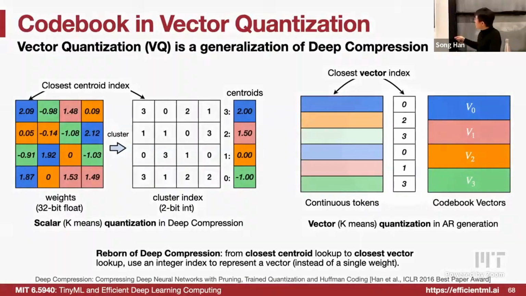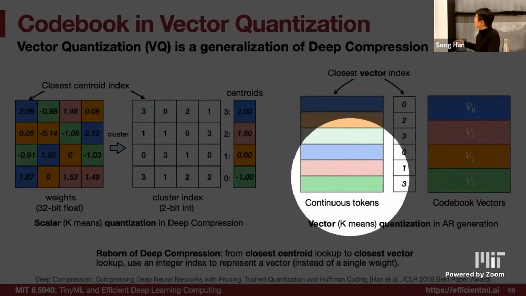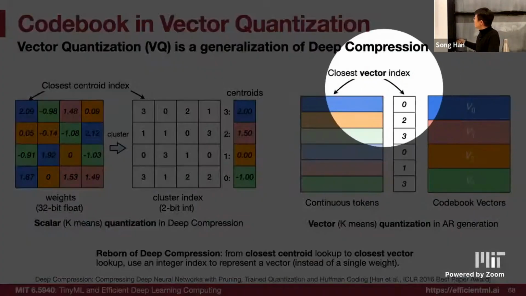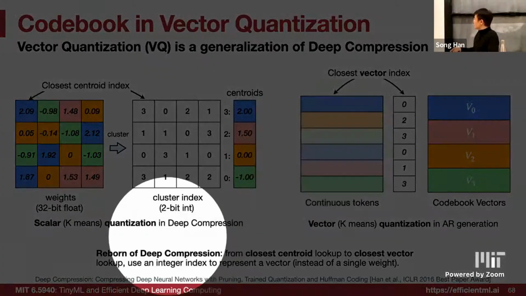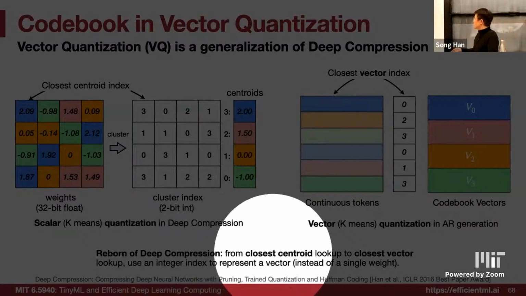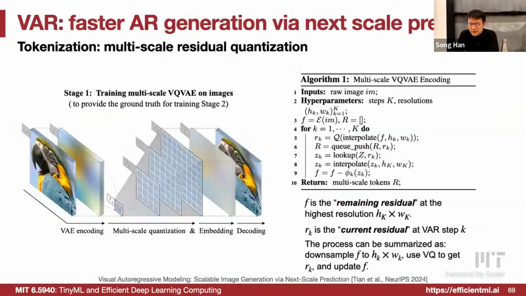And you can see that previously those were continuous vectors, now they are discretized, represented by integer values. This is like a rebirth of Huffman compression, going from the closest centroid lookup to the closest vector lookup, and using an integer index to represent a vector instead of a single weight, so that we can generate those indexes, which are discrete.